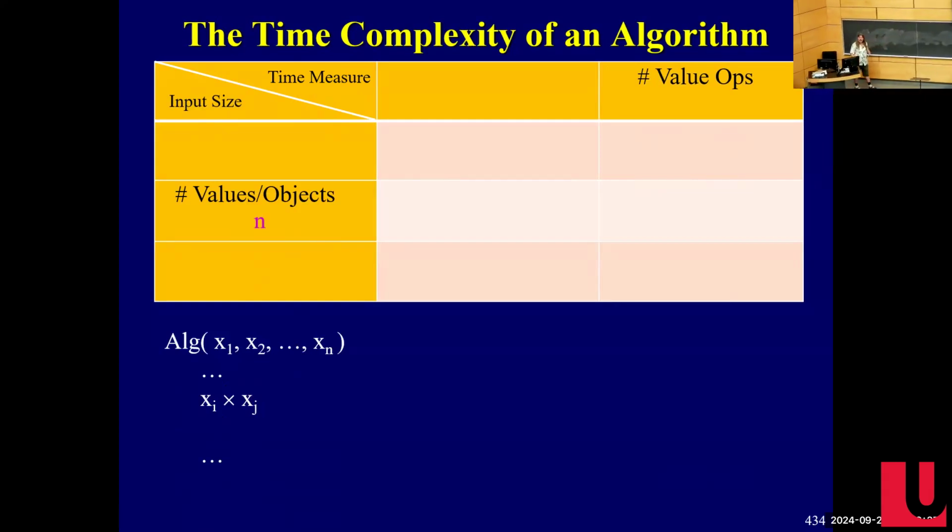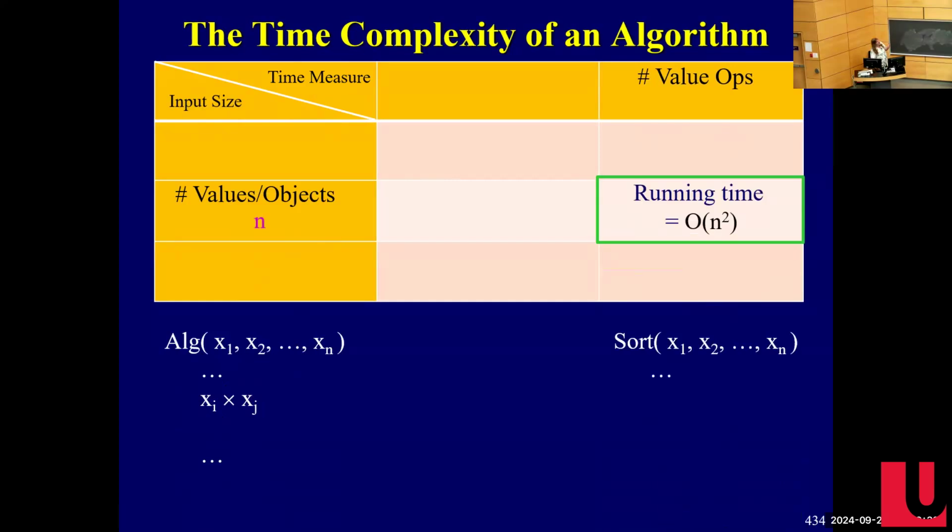And that's what you're counting. You can decide to count whatever you want to count, but there's an option. And then if you look at the time complexity of the usual sorting algorithms, you can get n squared. Right? Everybody good with this model?